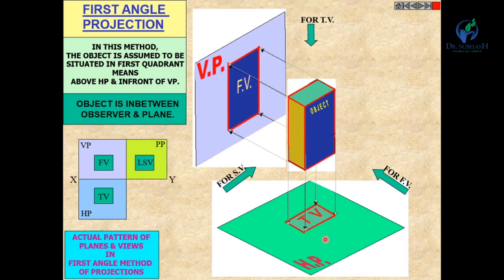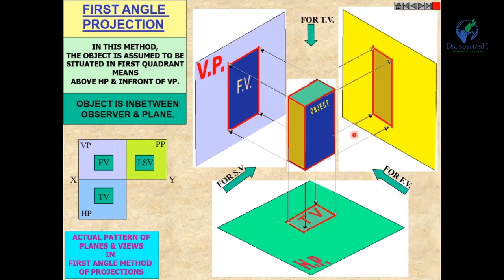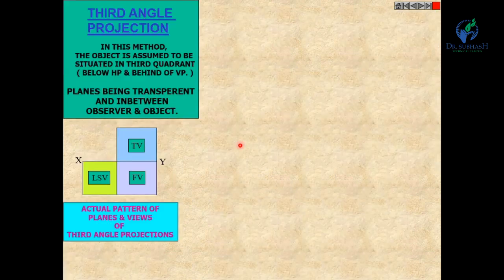Here too the object is in between plane and observer. Similarly for the side view, this plane is the profile plane and this view is known as the side view. In this case also the object is in between observer and plane. So in the first angle projection method, the object is in between observer and plane.